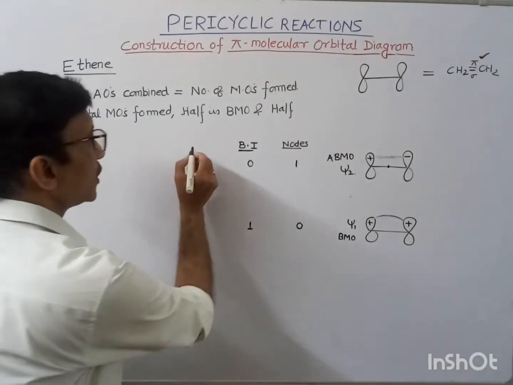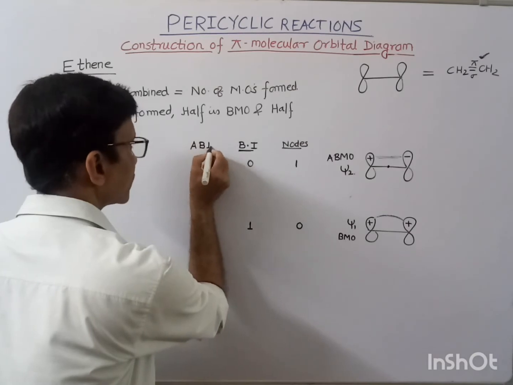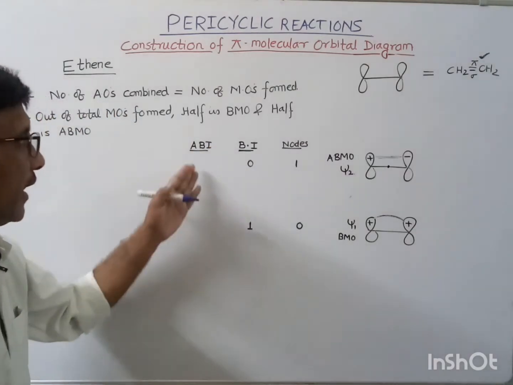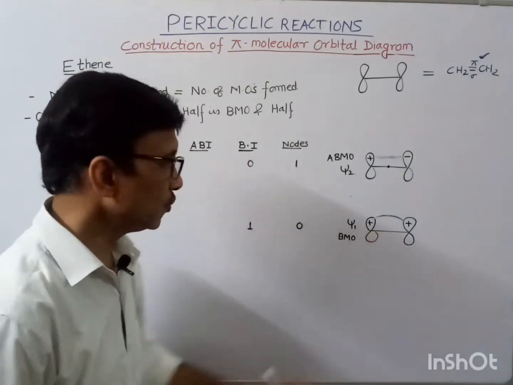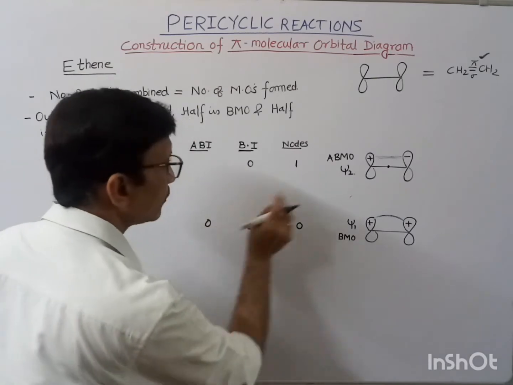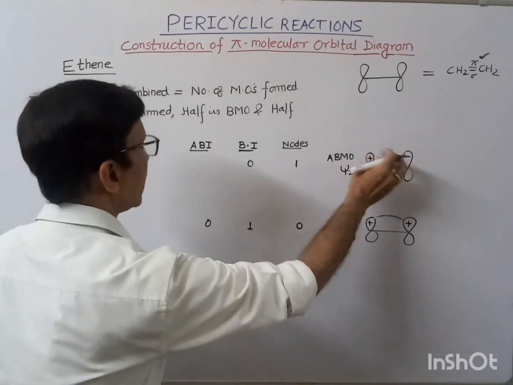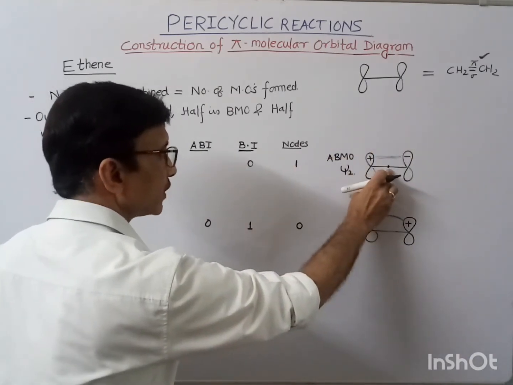Next, what about the anti-bonding interaction? I am writing ABI, and ABI stands for anti-bonding interaction. So in psi1 the anti-bonding interaction is 0, and in psi2 there is one anti-bonding interaction, as one node is present over here.